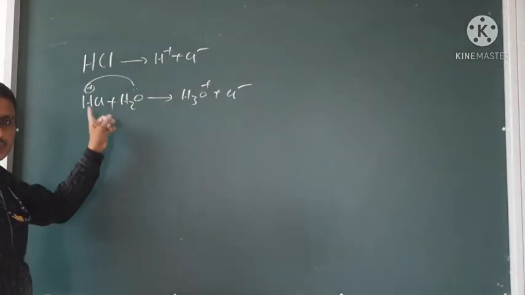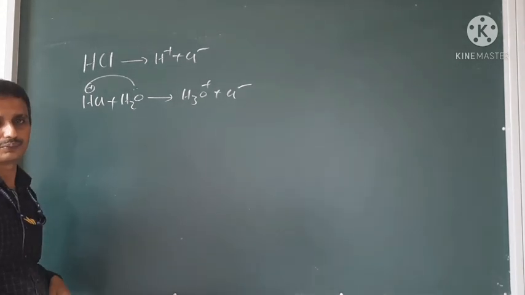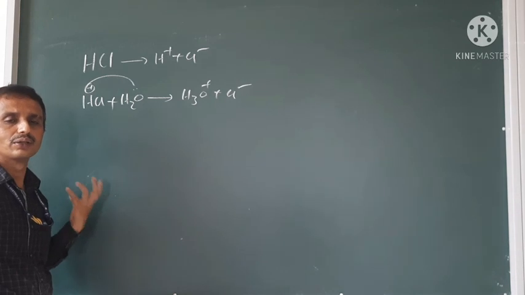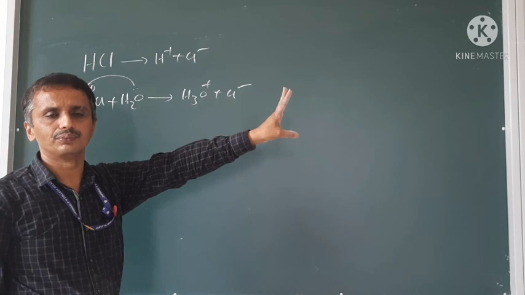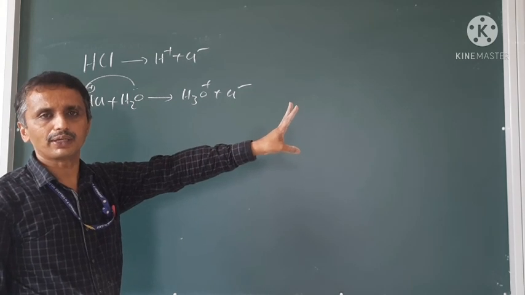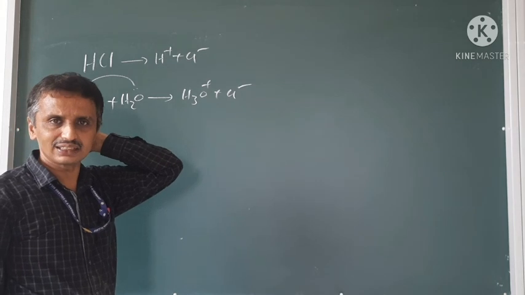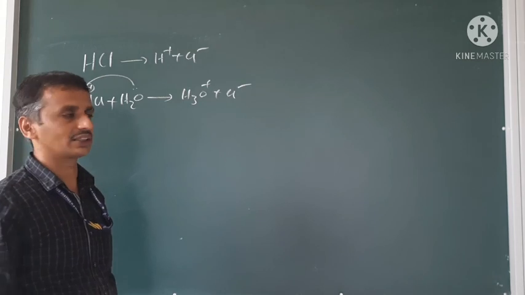So it's a Bronsted acid also. HCl or sulfuric acid etc. are all Bronsted acids as well as Arrhenius acids. But sodium hydroxide is an Arrhenius base but not a Bronsted base.